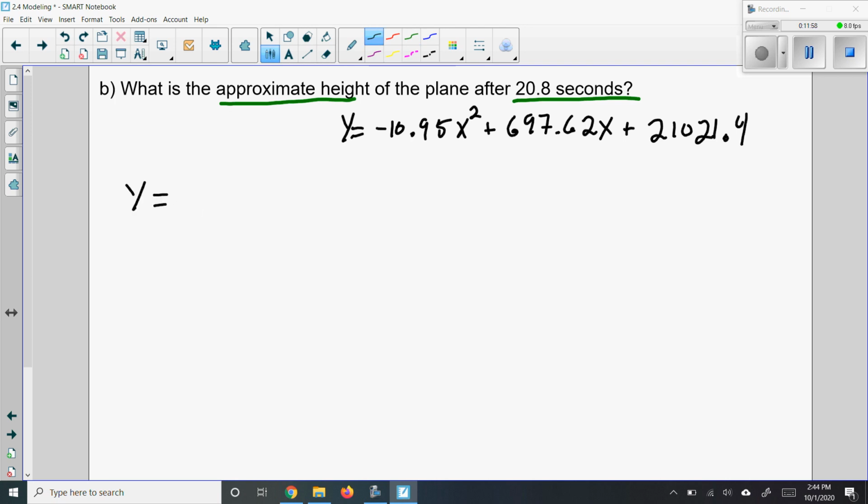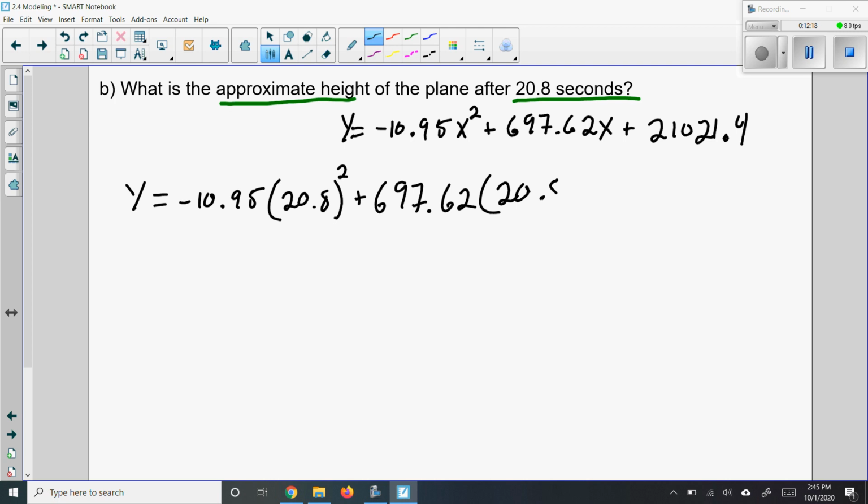So y equals negative 10.95 times 28.8 squared plus 697.62 times 28.8 plus 21021.4.